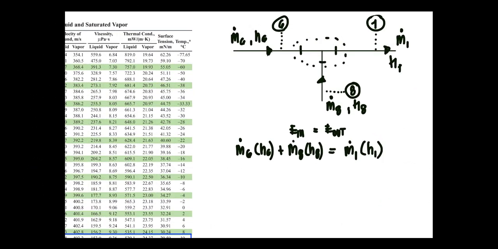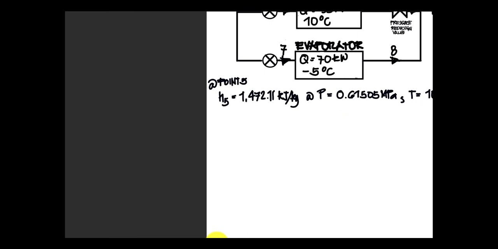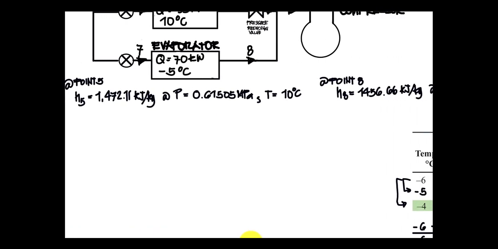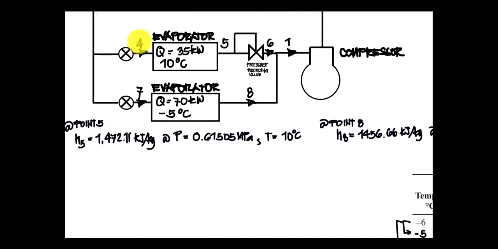So let's go back to the cycle diagram, remembering that we can determine the mass flow rate by means of the change in enthalpy from the refrigerating effect of the evaporator, this one, and also the refrigerating effect of the evaporator from 8 to 7.